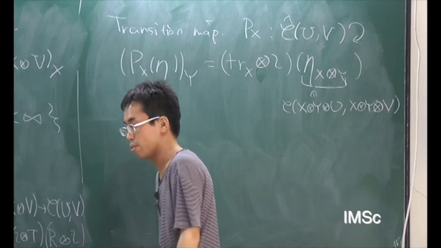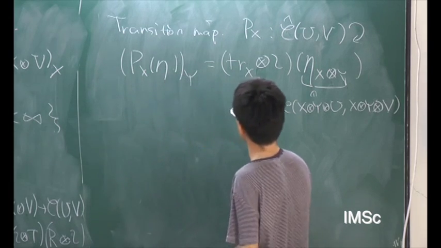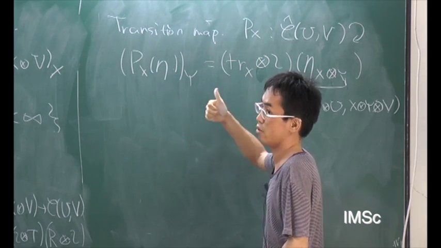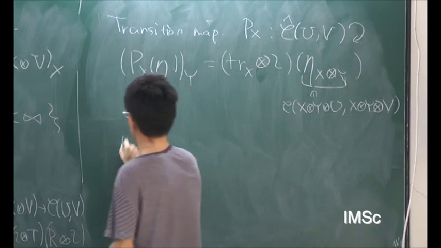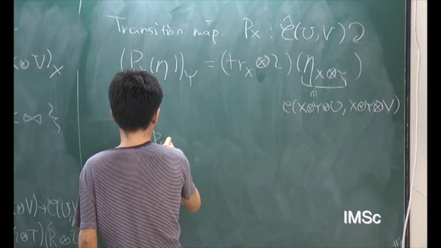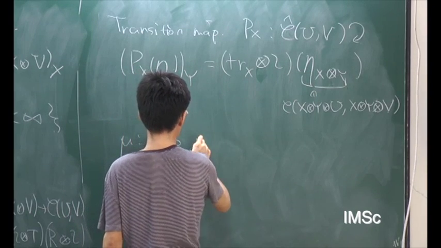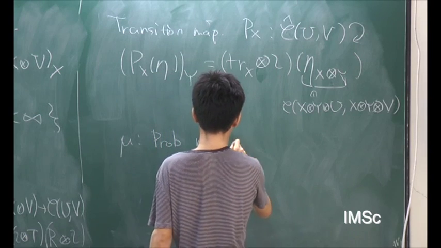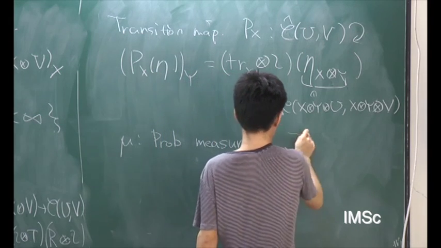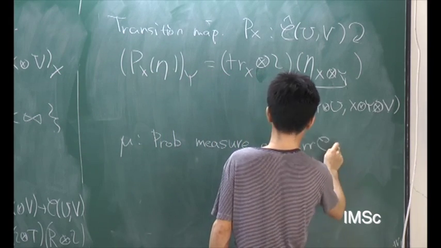Then the Markov operator is the average sum of these transition maps for the reducible x's. Let's say mu is a probability measure on reducibles.